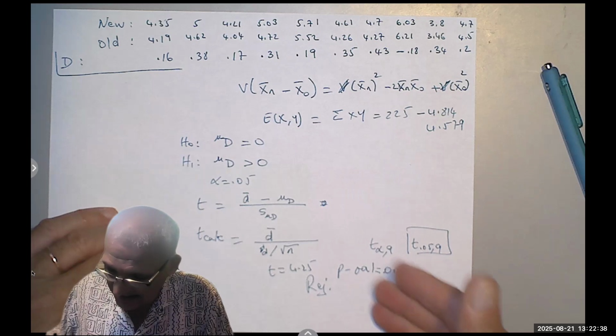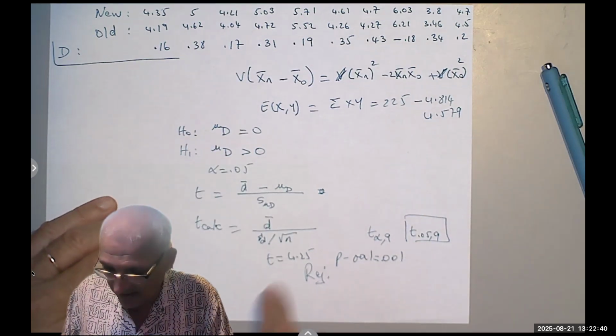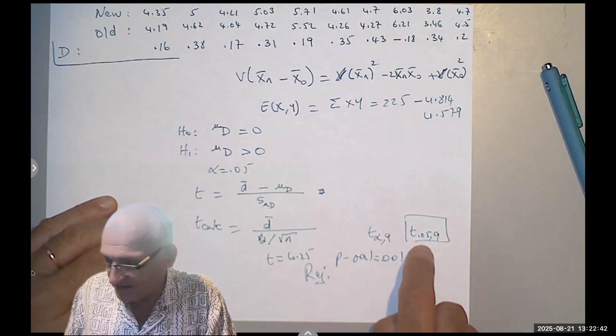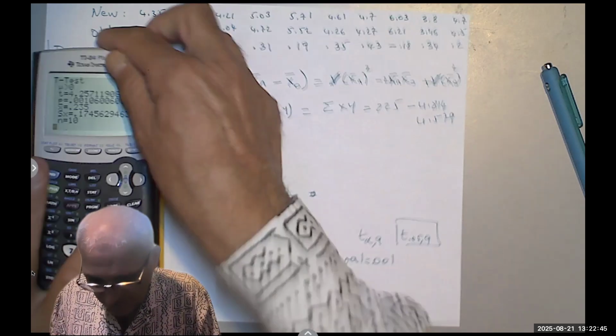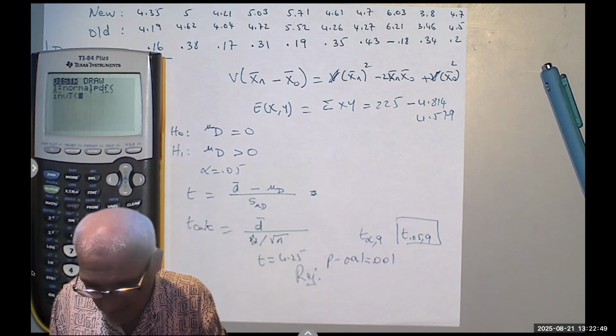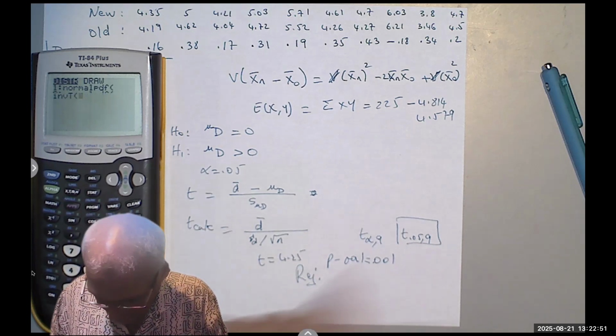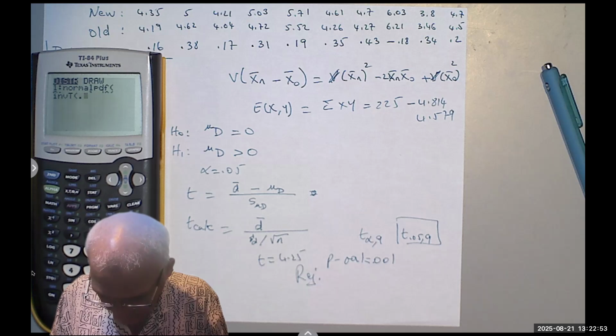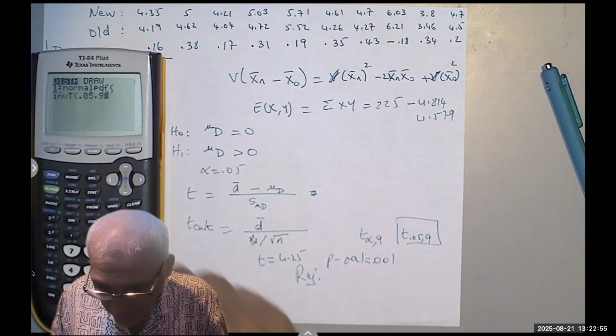So that's what happened here. Okay, and you can see that we got a very high T. Notice T05 and degrees of freedom, what that is. So inverse T, if I want to have 0.05 and 9 degrees of freedom, what happened?